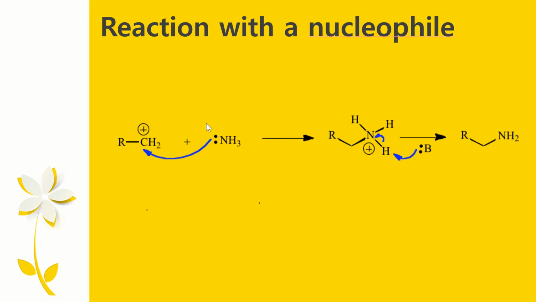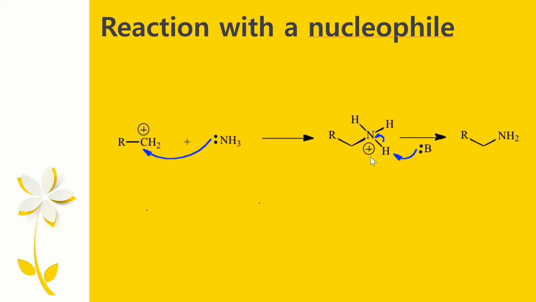So the new bond here is between the nitrogen and the carbon, right? So always keep in mind, what is the new bond that is formed here? The new bond is between the nitrogen and the carbon. This carbon was once the carbocation.